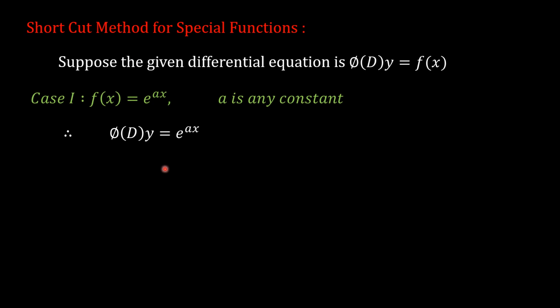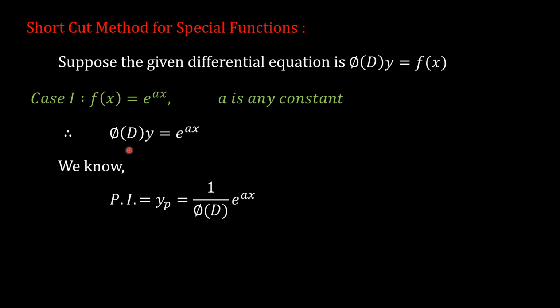Now we want to obtain the particular integral of this differential equation. We know its formula. It is given by yp is equal to 1 upon phi of D of e raised to ax.